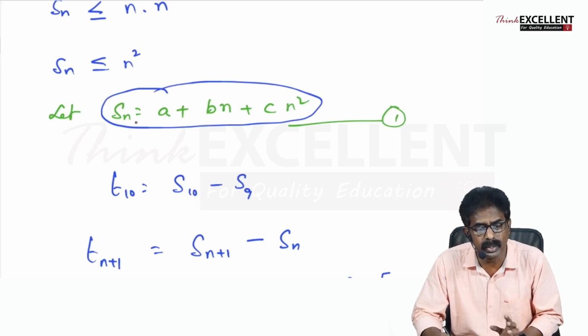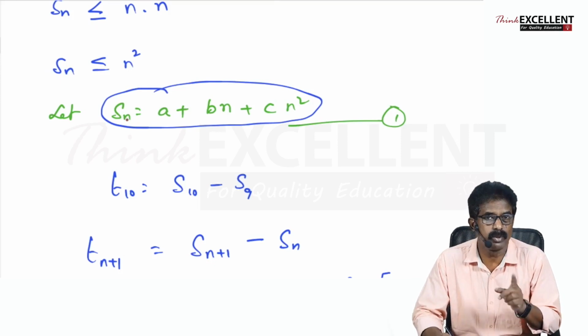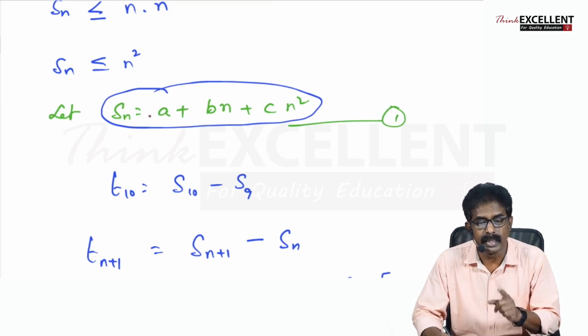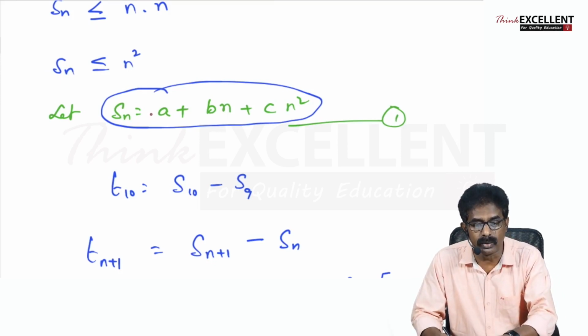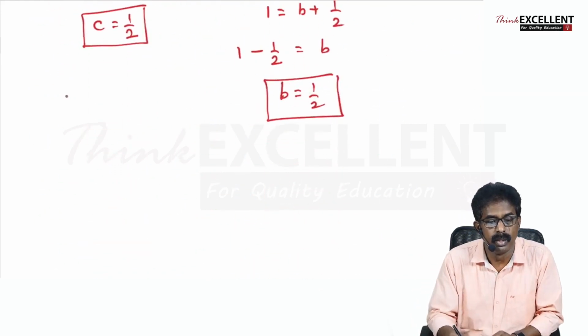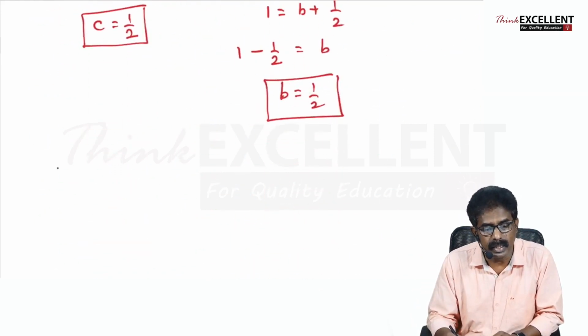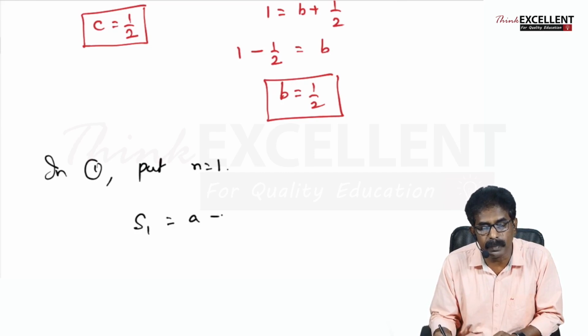So C only. So S1 equal to A plus B plus C. So in equation number 1, put n equal to 1. So you get S1 is equal to A plus B plus C.